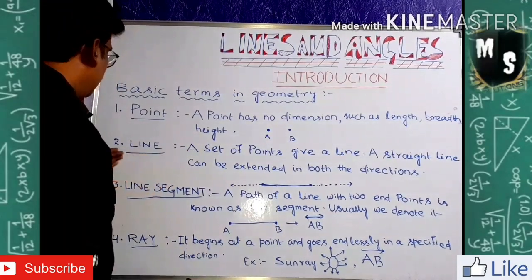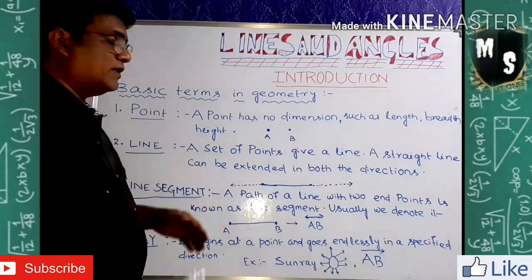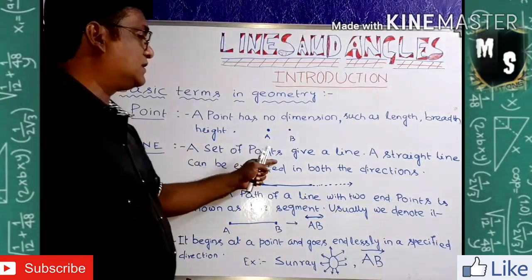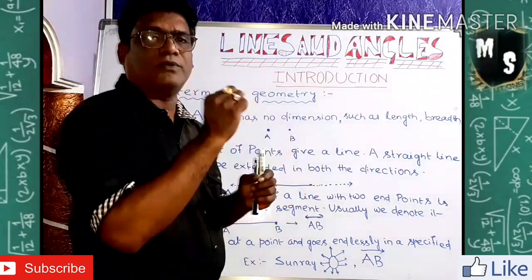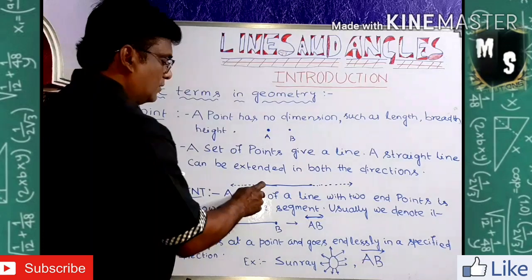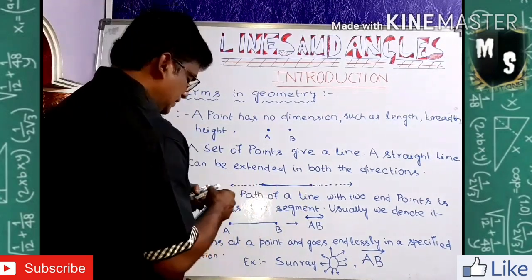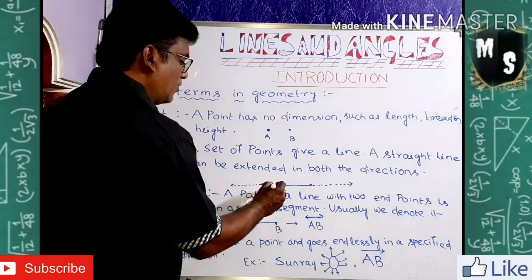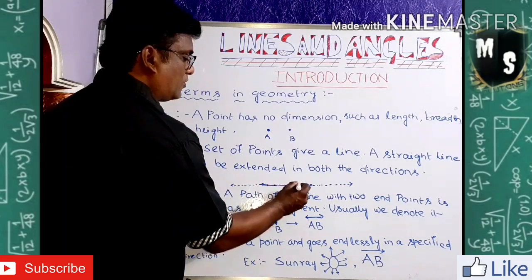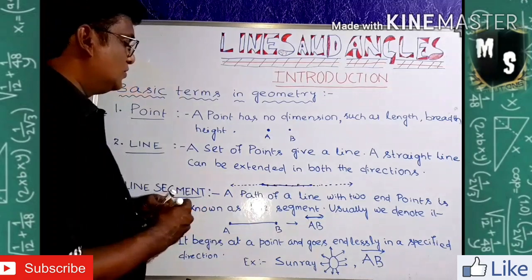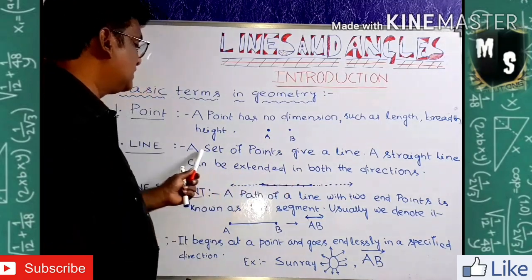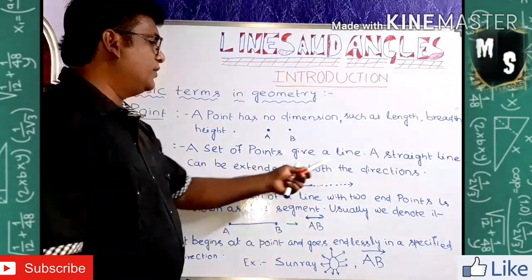Now come to the next, that is a line. What is a line? A line is a set of points. I just took 2 points, and on these 2 points there are a lot of points lying. So it is a set of points, and it gives you a line.